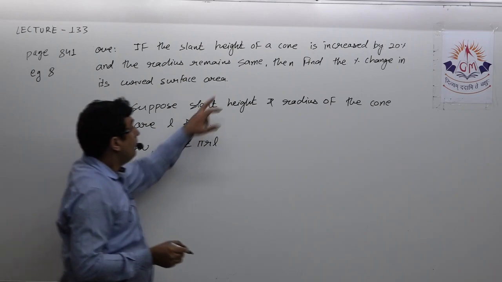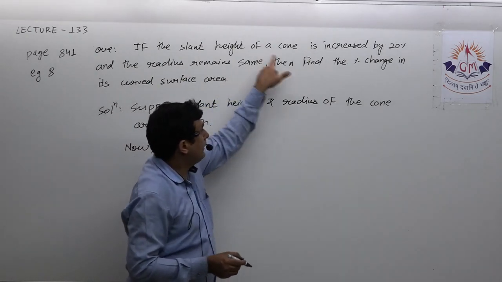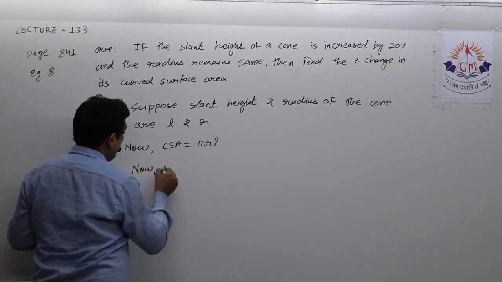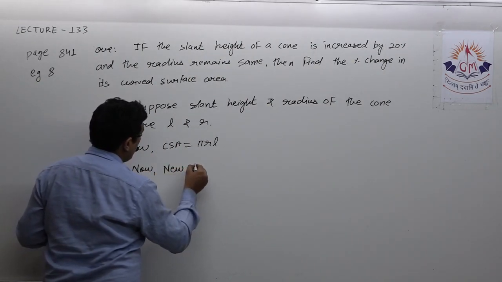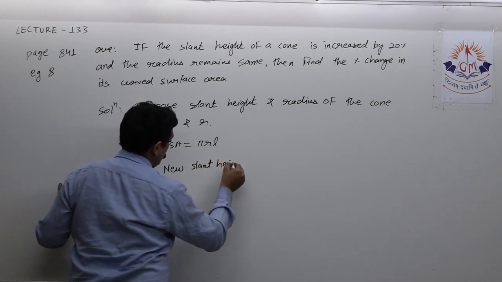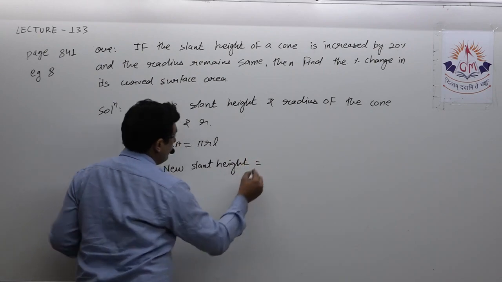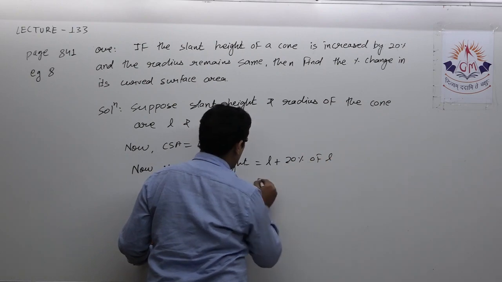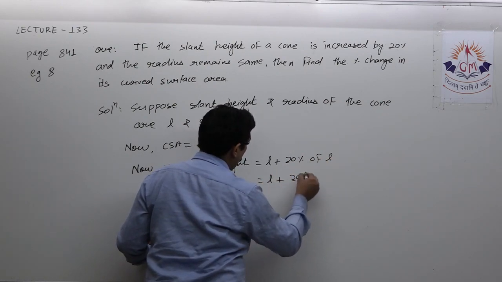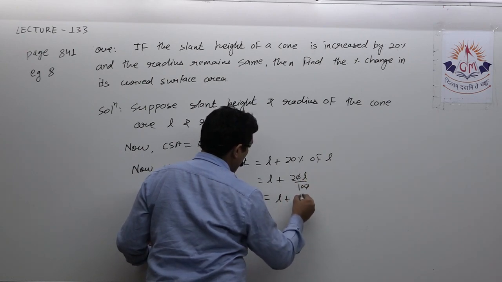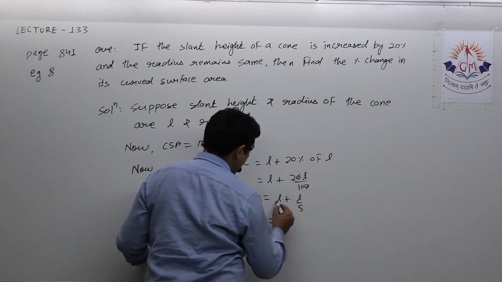Now the slant height has been increased by 20%. So the new slant height is equal to L plus 20% of L, that is L plus 20 L upon 100, that is L plus L upon 5, that is 5L plus L, 6L upon 5.